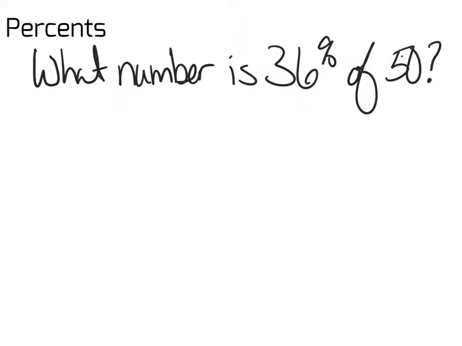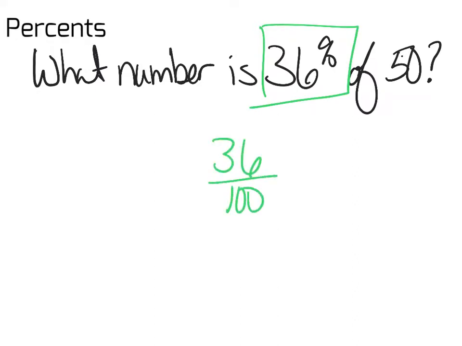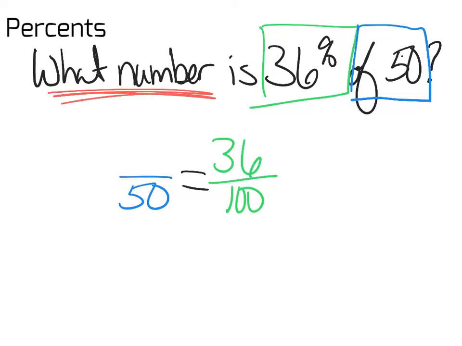Here's another question. What number is 36% of 50? The first thing that jumps out at me is 36%, so I'm going to have 36 over 100. And then it shows of 50. I know that of means whole number, so that's going to go at the bottom. I'm looking for what number, or the part number. So I have A over 50 equals 36 over 100.